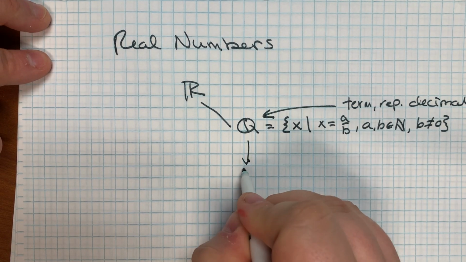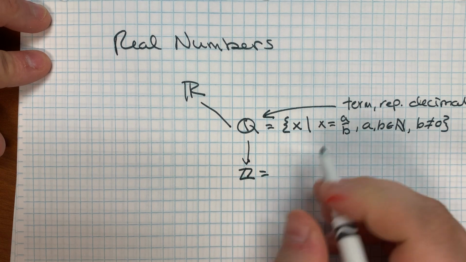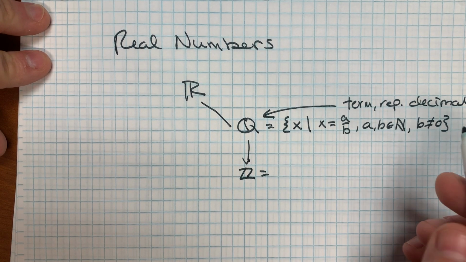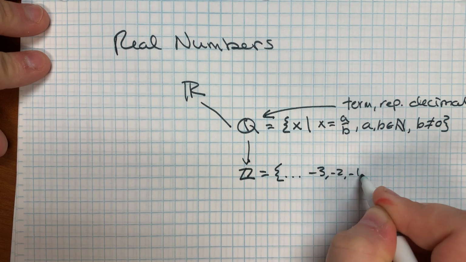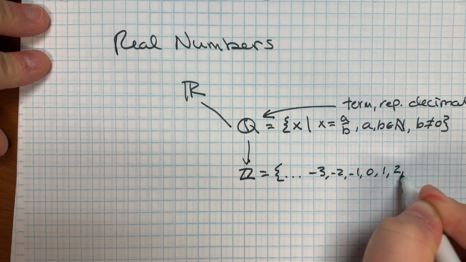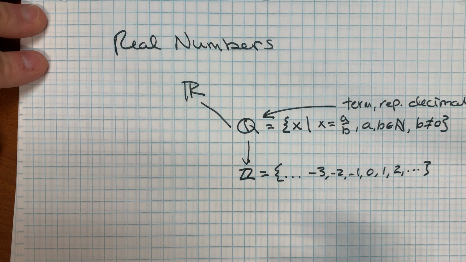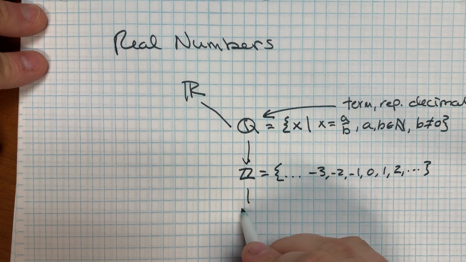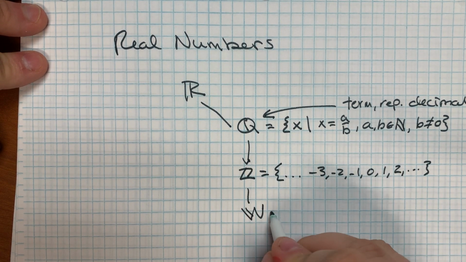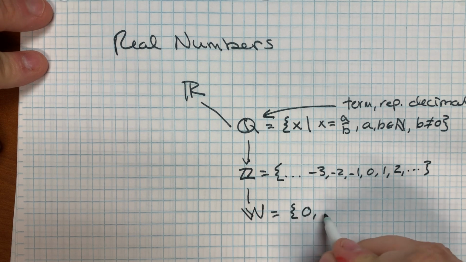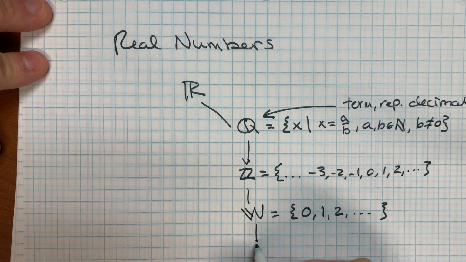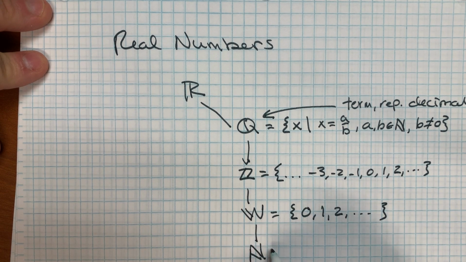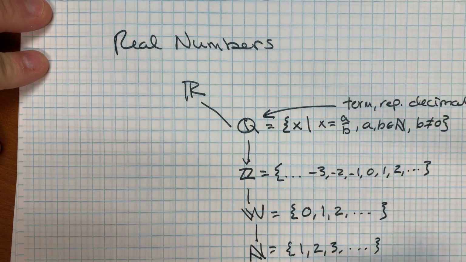And we also had our integers. That was our set, -3, -2, -1, 0, 1, 2, and so on, which contained our whole numbers, which we can write like that. So our 0, 1, 2, and so on. And our natural numbers, 1, 2, 3, and so on.